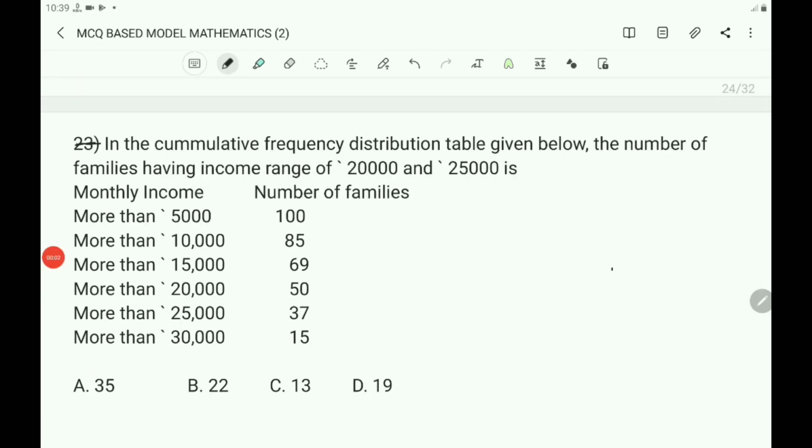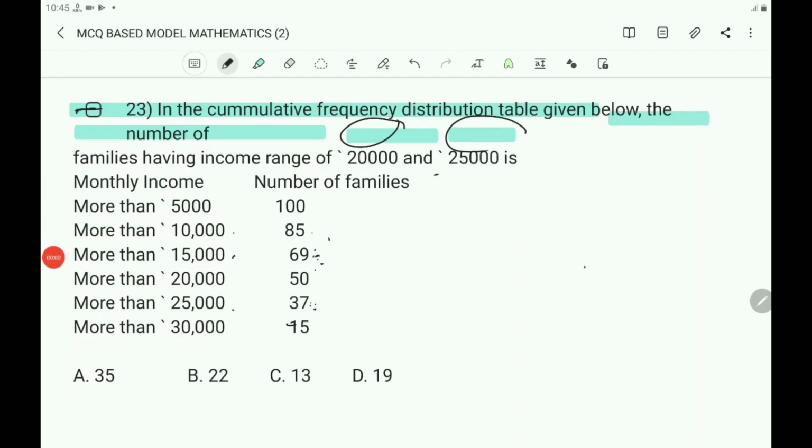Next, question number 23. In the cumulative frequency distribution table given below, the number of families having an income range of 20,000 to 25,000 is. Here we have to find the number of families having income in the range of 20,000 to 25,000. So it is better to convert this into a frequency distribution table.